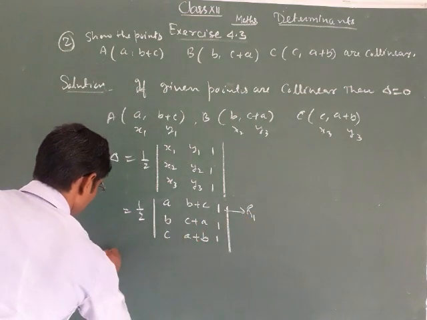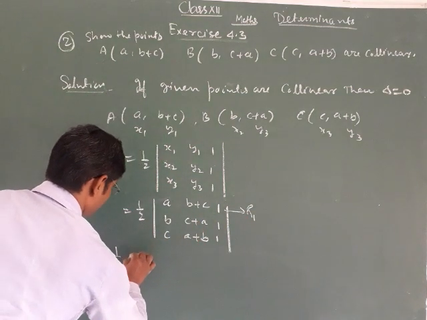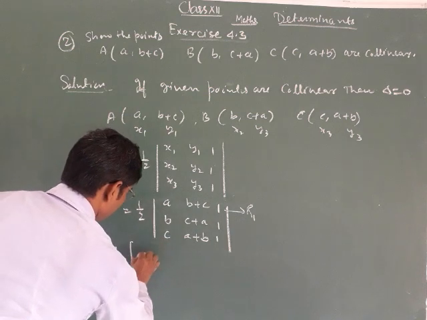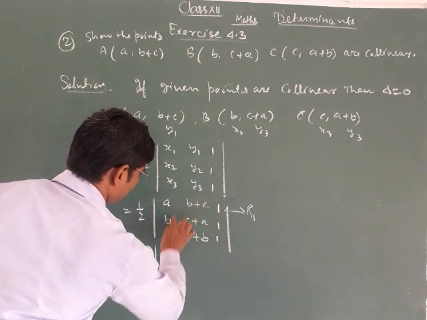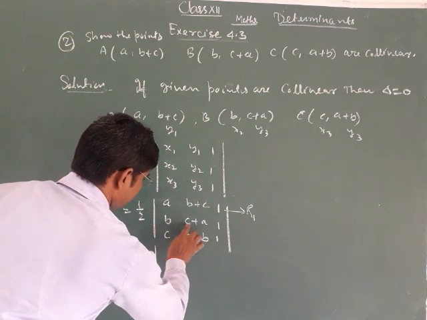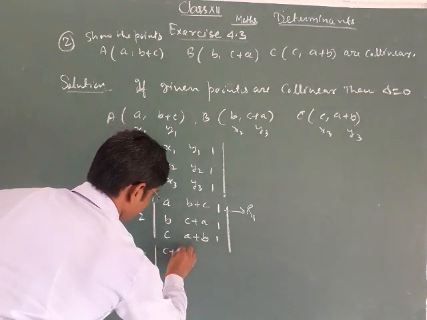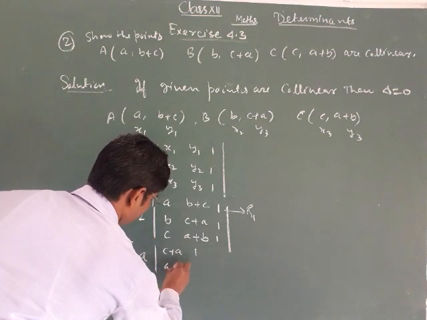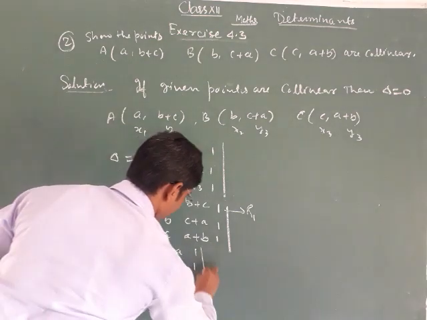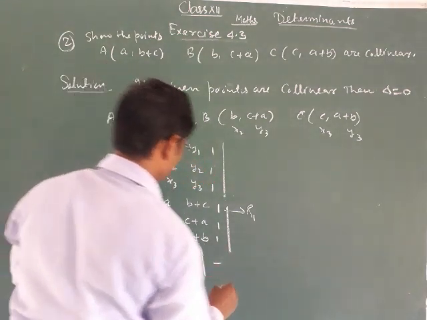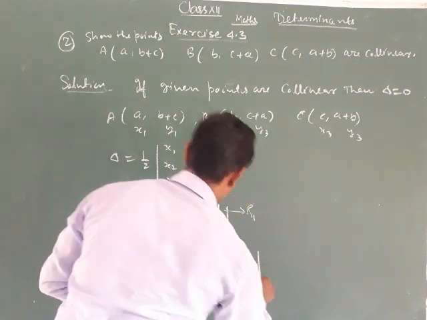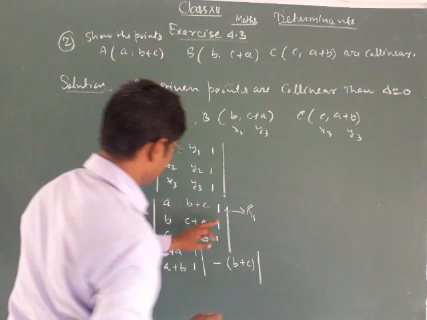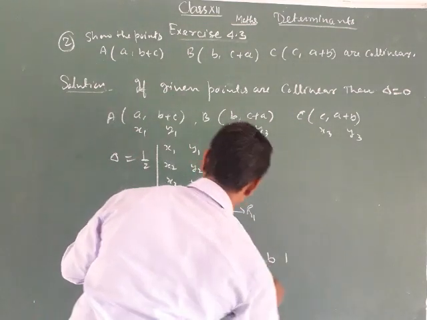So we get 1 by 2. A times the subdeterminant, row and column cancel out: C plus A, 1, A plus B, 1. Minus B, with the cancelled row and column: B plus C, 1, A plus B, 1.